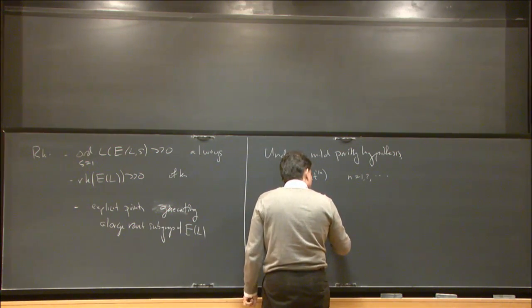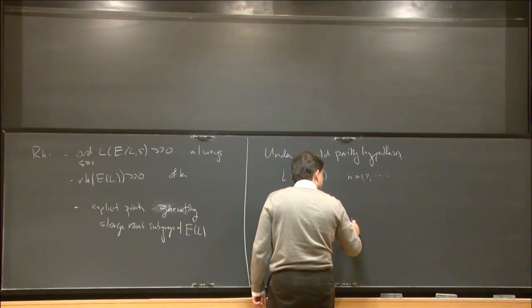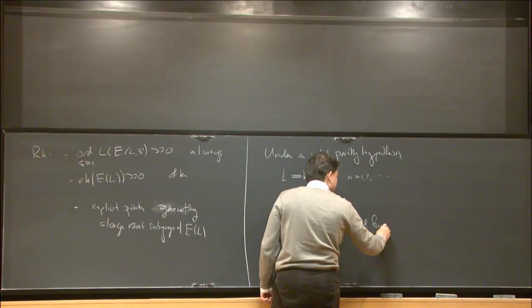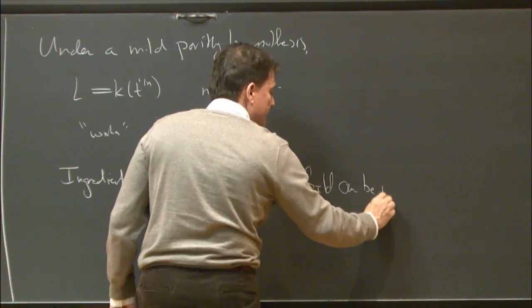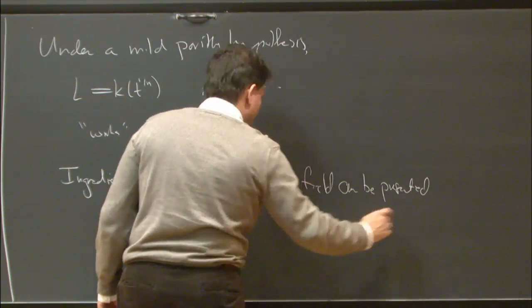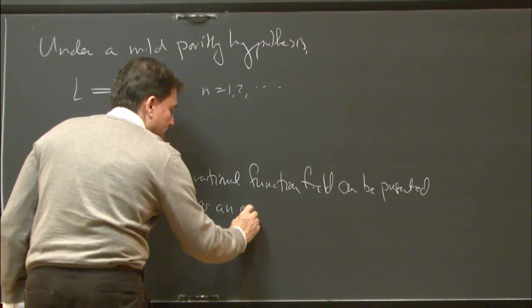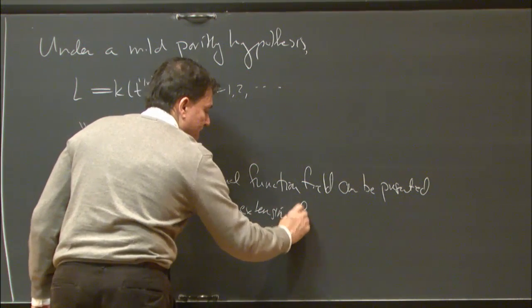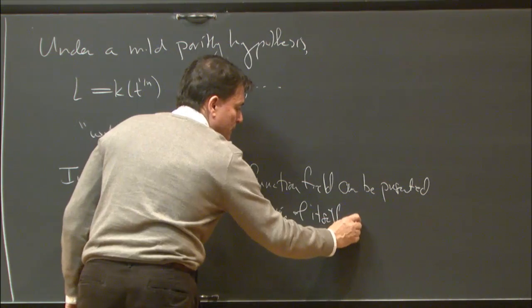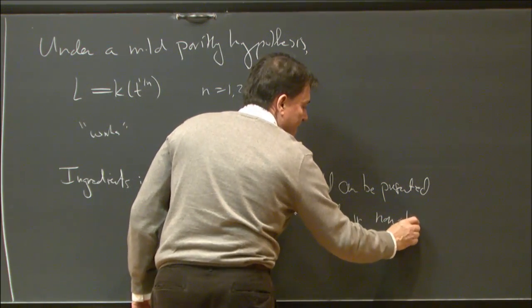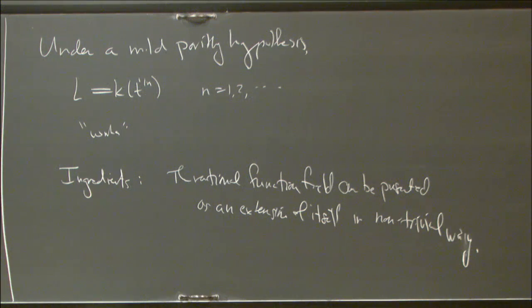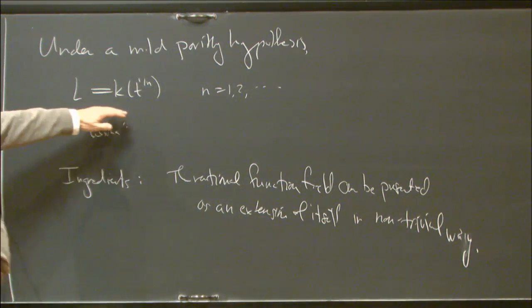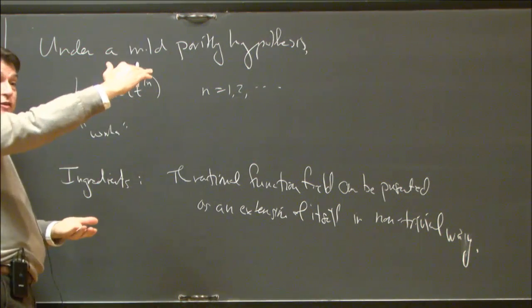So the fact that the rational function field can be presented as an extension of itself in a non-trivial way. So for example, here, abstractly, this is the same as the base field, but it's a non-trivial extension of itself.